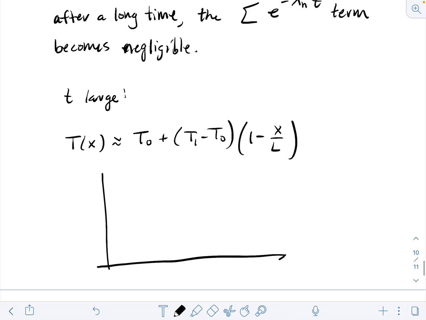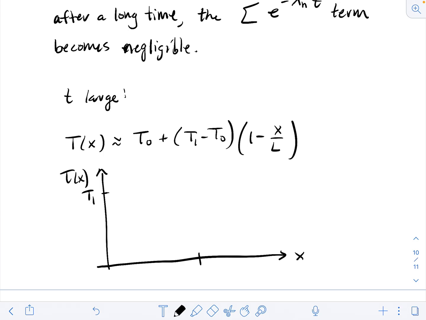And if we were to make a plot of that, if we put in x equals 0, then we have T0 plus T1 minus T0, and it just becomes T1. And of course that has to be the solution, right? Because that's where we said that step in temperature was going to be. It's going to step up to T1 at x equals 0.